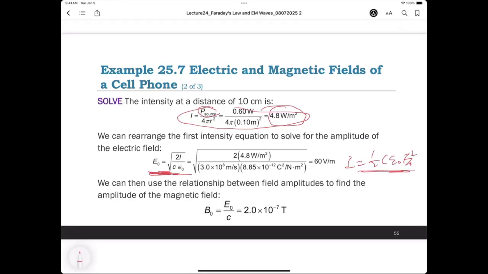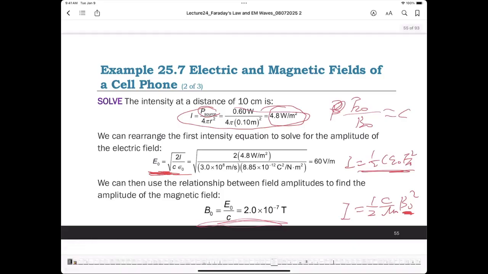And we also can use this equation, I equals half C over μ0 B0 squared, to calculate the amplitude of the magnetic field. Also, you can use this equation, E0 divided by B0 equals C, to calculate the amplitude of the magnetic field.